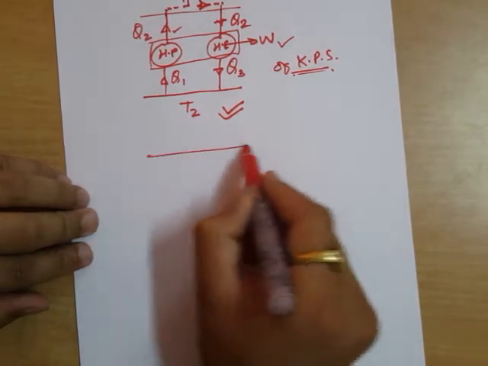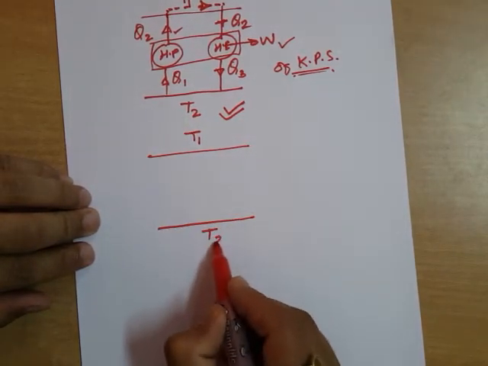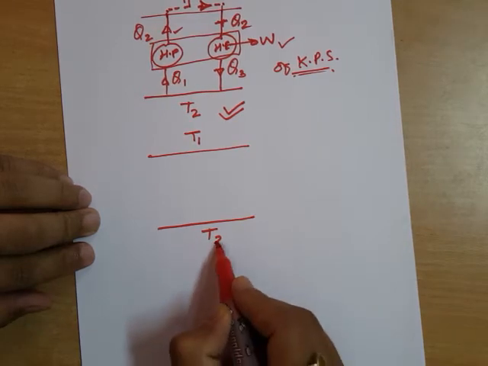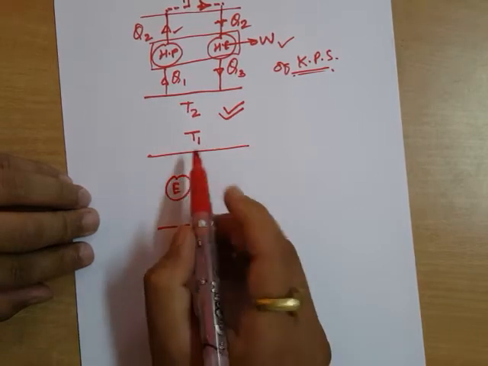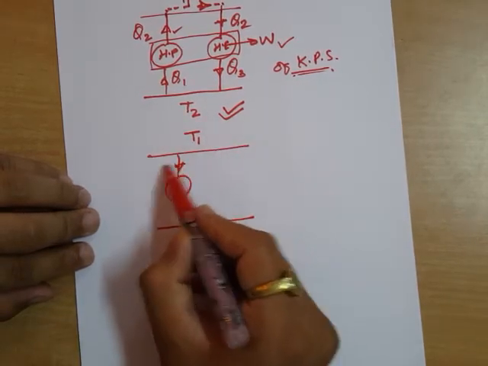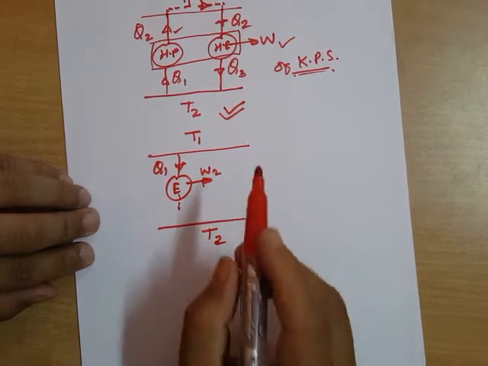Let us consider a thermal energy reservoir at temperature T2 and another thermal energy reservoir at temperature T1. A heat engine is working between these such that it is taking heat Q1 and delivering work W, but in turn it is not rejecting anything.